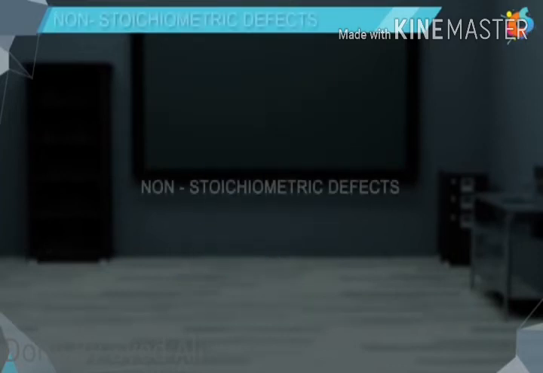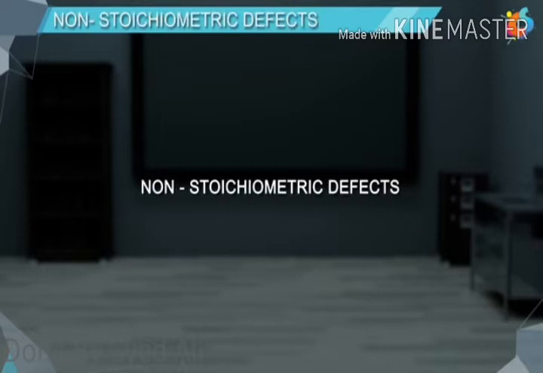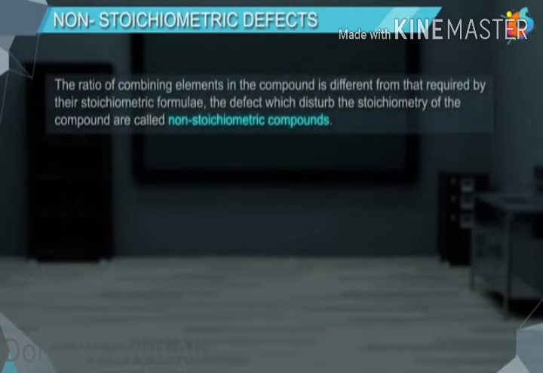Next we shall study non-stoichiometric defects. The ratio of combining elements in the compound is different from that required by the stoichiometric formulae. The defects which disturb the stoichiometry of the compound give non-stoichiometric compounds.